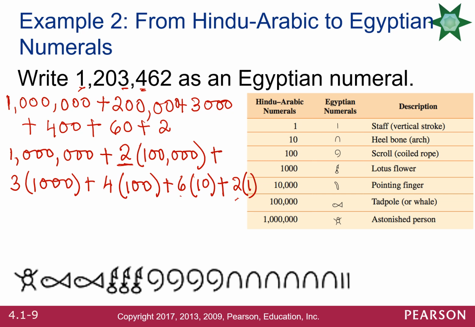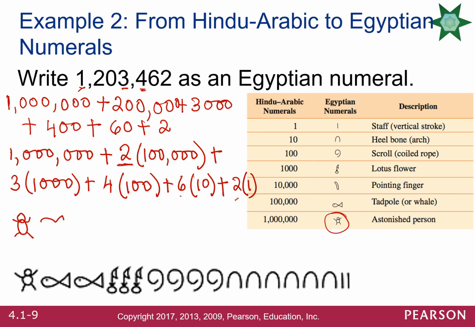So what is the symbol for 1 million? It's this astonished person or something. So I'm going to write that. All right, the astonished person. Then we have 200,000. What is the symbol for 100,000? We need 2 of those. So this tadpole or fish like figure here.